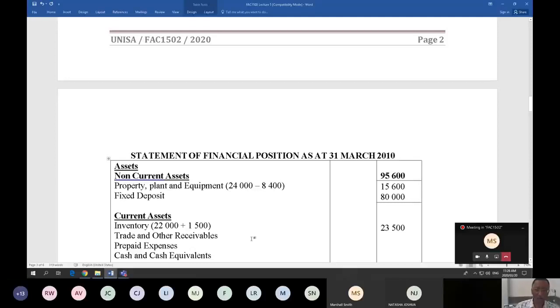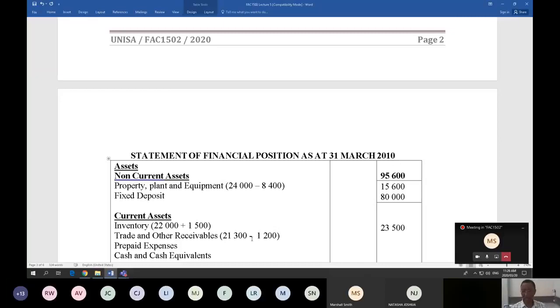So if you are going to show your amount of trade and other receivables, it will be your trade receivables, which in this exercise is still called debtors control. And your debtors control is 21,300 minus your allowance for credit losses of 1,200. Once again, guys, it comes down to the format.